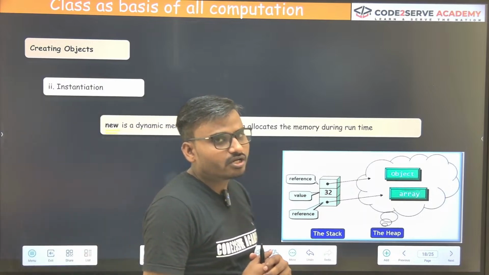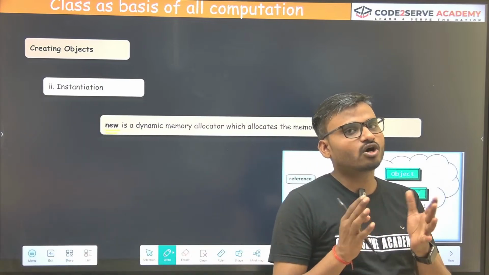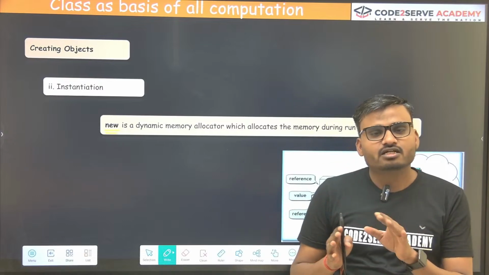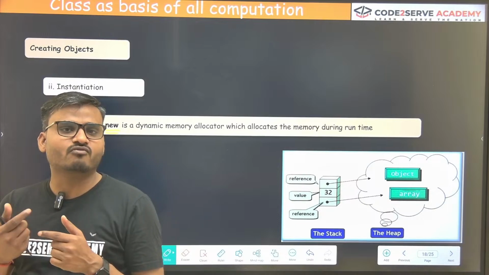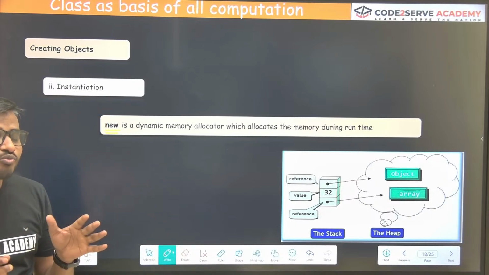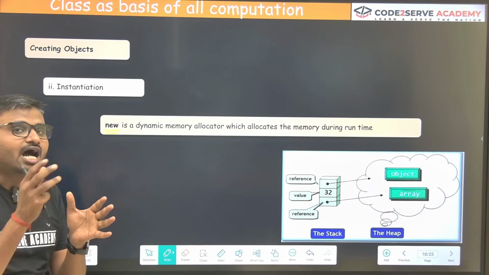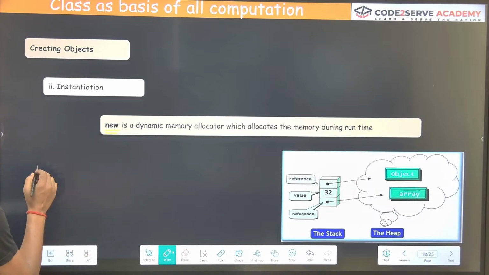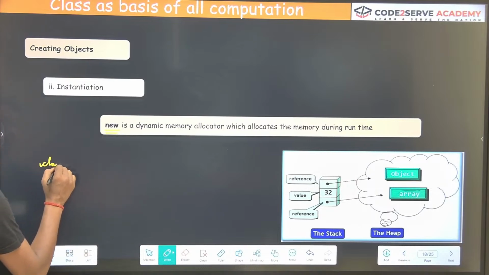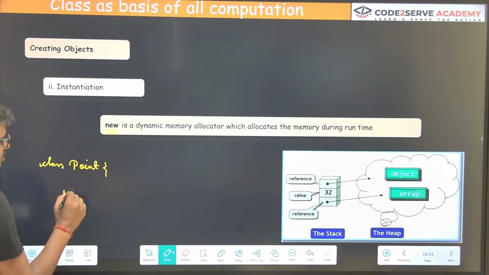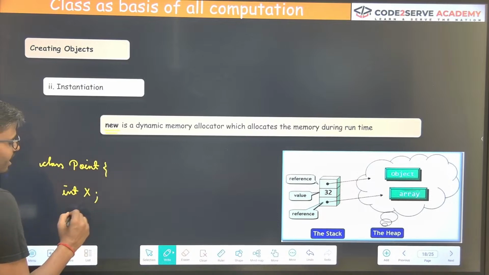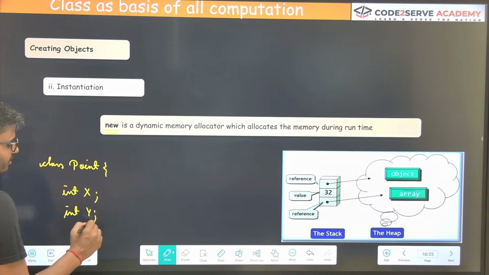So what it is doing, whenever you are trying to create an object, the class doesn't require memory for whatever variable or whatever stuff you are creating. Whenever you create an object, that much memory is allocated. Suppose you have written one class Point, and inside this suppose there is int x and int y.